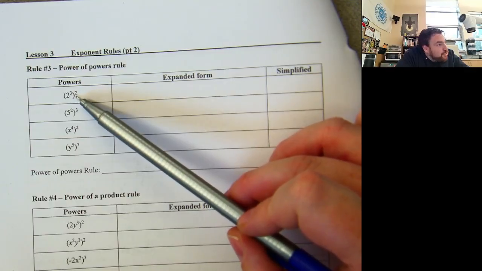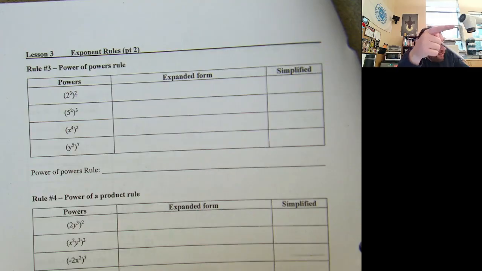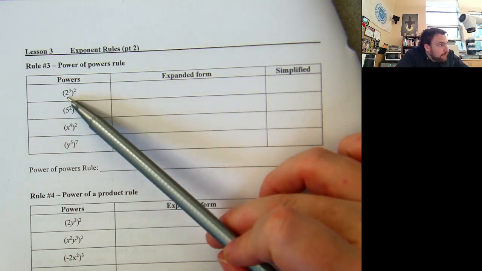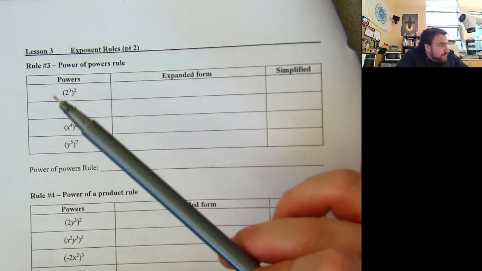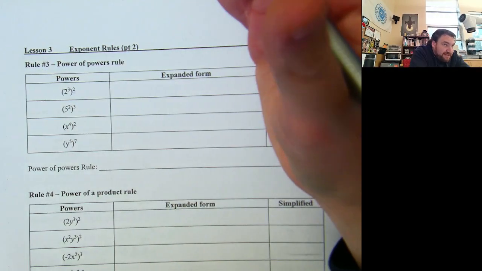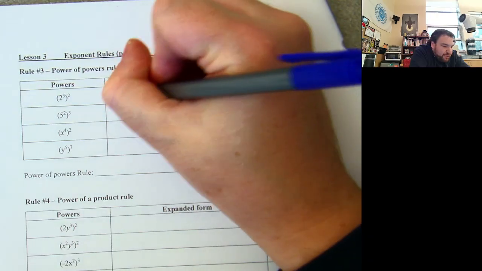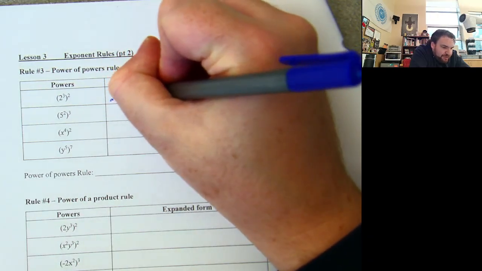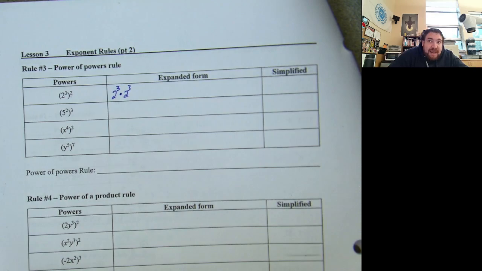What does it mean to square something? Multiply whatever you're squaring by itself. So what are we squaring? 2 cubed. So I'm going to take my 2 cubed and multiply it by itself. This is going to become 2 cubed times 2 cubed if I start to expand this.